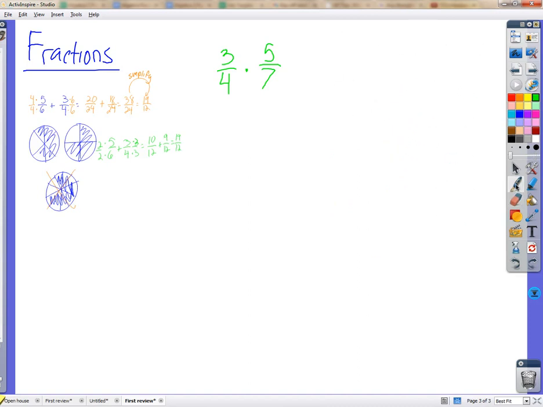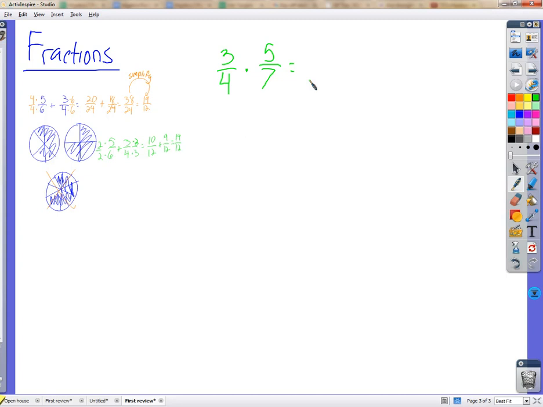Okay. So let's come back to this problem. So what did we learn just now about multiplying these together? Don't want to cross multiply. Straight across. It's easier to go straight across. It is how you do it.